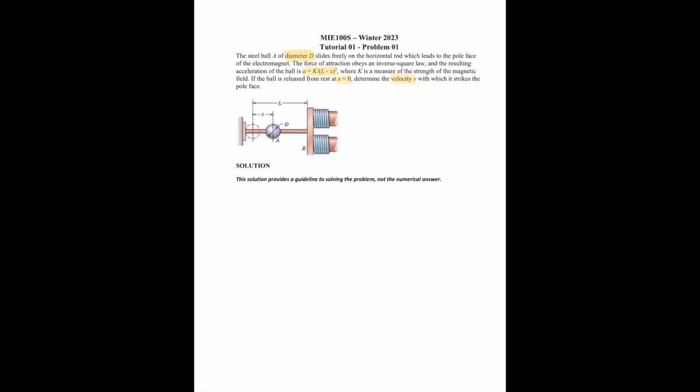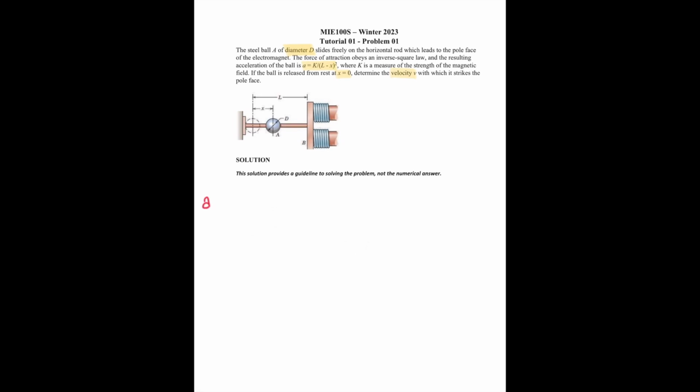All right, so right here we know that this equation of acceleration is equal to k over (L minus x) all squared, where k is the strength of the magnetic field, and a is the acceleration.